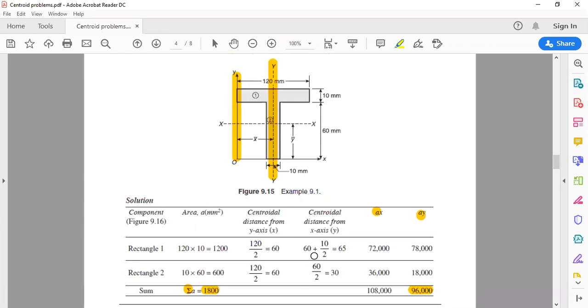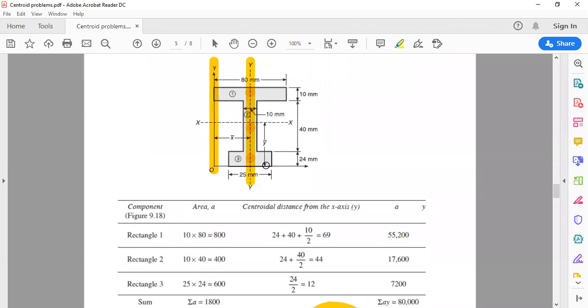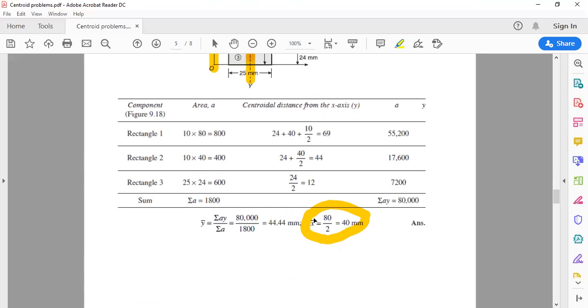So coming back to this problem, since we have identified the axis of symmetry, which is parallel to the reference y-axis, and the distance between the reference axis and the parallel symmetrical axis is 80 by 2, we calculate x bar directly as 80 by 2, which is 40 mm.